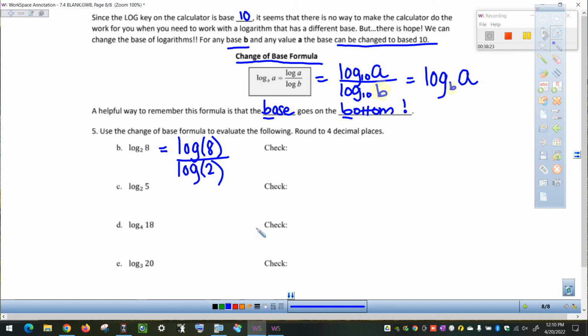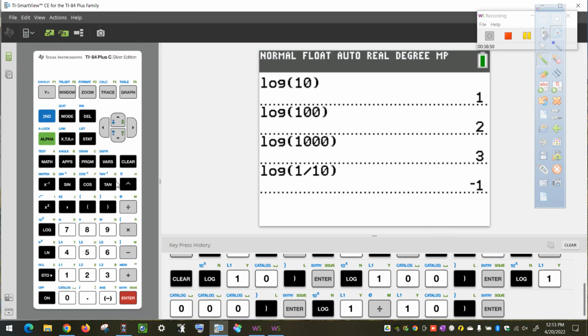We do need to be careful when we type this into our calculator, because when you press the log key, your calculator is going to give you this first parenthesis automatically. Well, after you type in an 8, you have to type in the second parenthesis before you divide. So let's take a look at that here on our calculator screen.